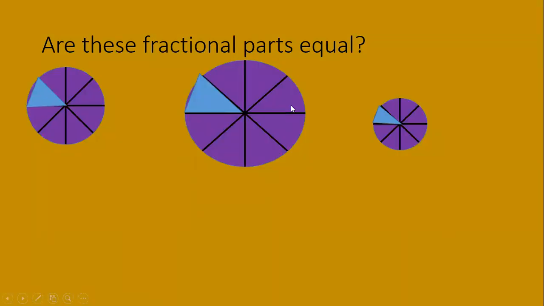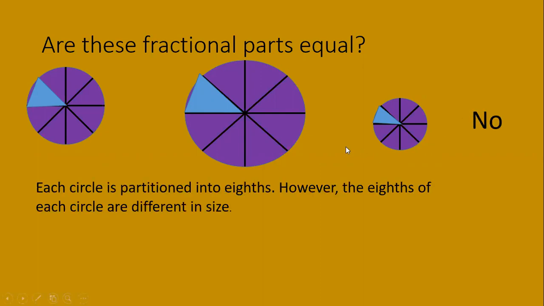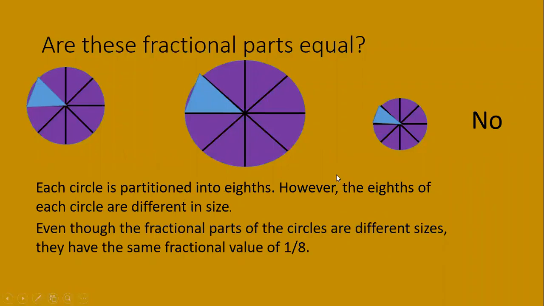Number two, are these fractional parts equal? And thinking about our last problem, I would say no. So we have circles that are partitioned into eighths, but the eighths of each circle are a different size. So this is large, medium, and then small.